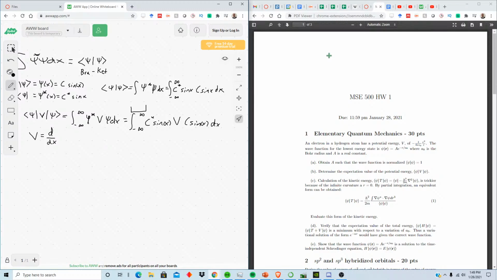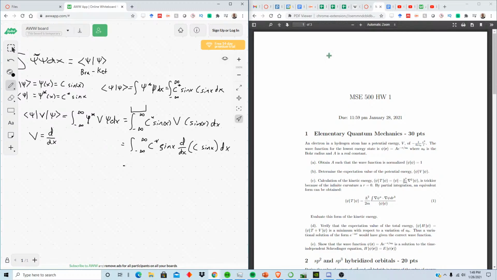If you were to plug in the derivative here, this would end up looking something like this. V is just the derivative. The way math works, the derivative sign applies to this part, dx.